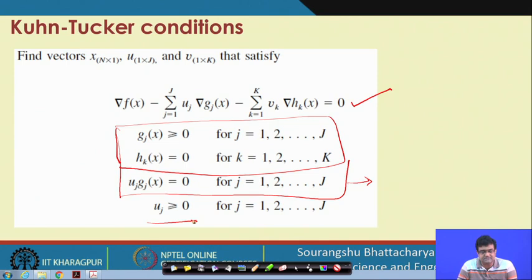If these conditions are satisfied, then the point x is a local optimum. So, this is one of the ways of incorporating constraints while solving an optimization problem.